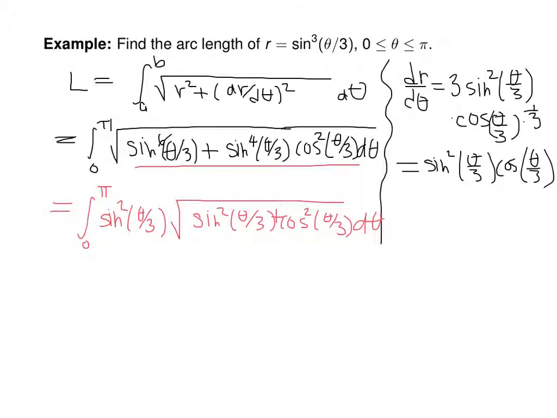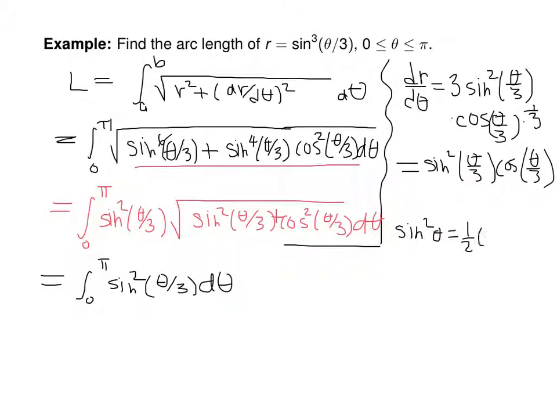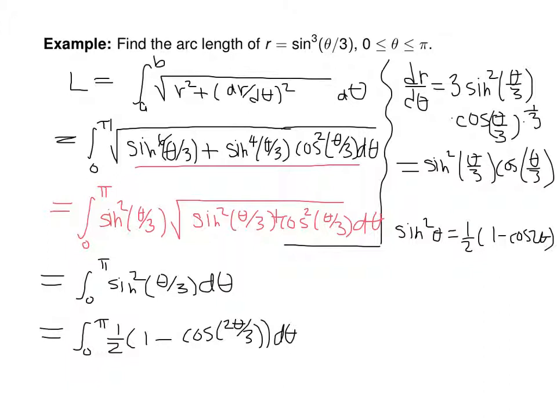So I now have the integral from 0 to pi of sine squared theta over 3, d theta. And now to find this integral, you have to recall that sine squared of theta is 1/2 times 1 minus cosine 2 theta. So we use theta over 3 there. So 0 to pi of 1/2 times 1 minus cosine of 2 theta over 3, d theta.